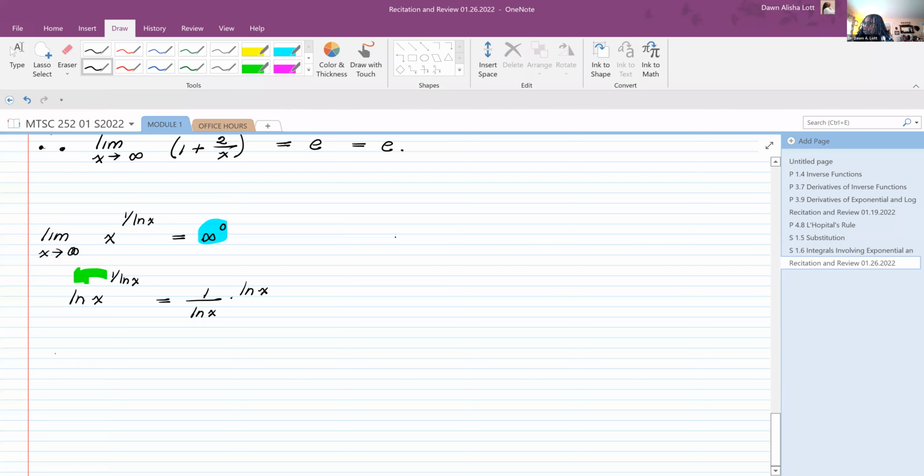So now I do the limit as x approaches infinity of the natural log of x over the natural log of x, but that limit is just 1. So that becomes my L.